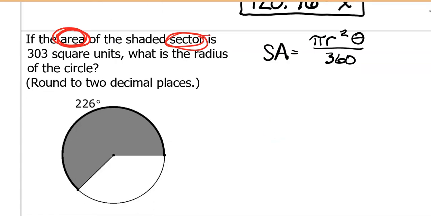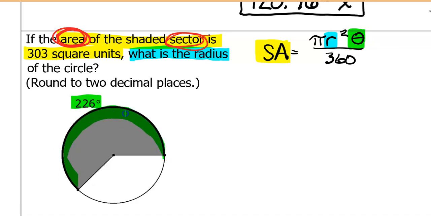Now let's pull information. The area of the shaded sector is 303 square units. Sector area was given. We're looking for the radius, so that's a thing we don't know. And then theta, something measured in degrees, they gave that to me in the picture rather than the words.